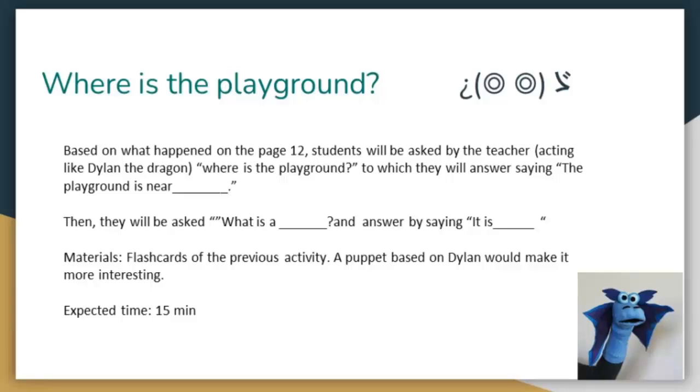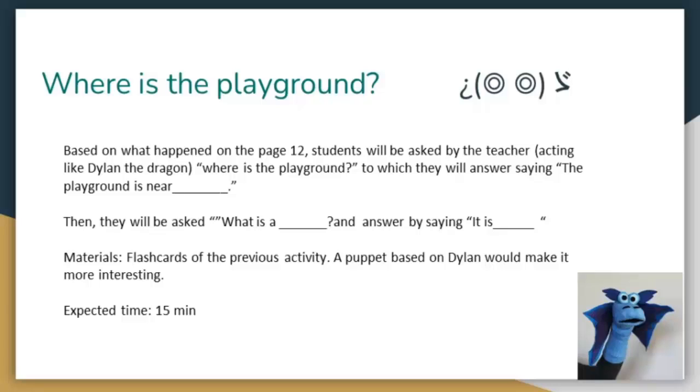The next activity is called Where's the Playground? Based on page 12 of Dylan the Dragon, where he asks a passerby where the playground is, the students will be asked by the teacher, acting like Dylan the Dragon, where is the playground? They will answer saying the playground is near, using the place on their flashcards.